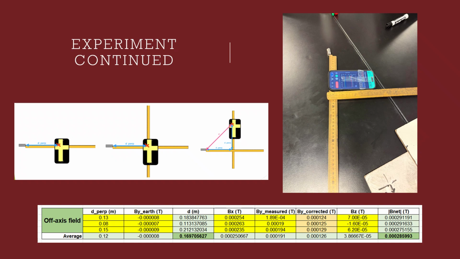This was done by first solving for d_perp, which is 0.12, and then using the Pythagorean theorem to find the actual d value. Eventually, we found that our net magnetic field value was about 286 microteslas, as seen to the right here. And here is the experiment being done at the top of the screen to the right.